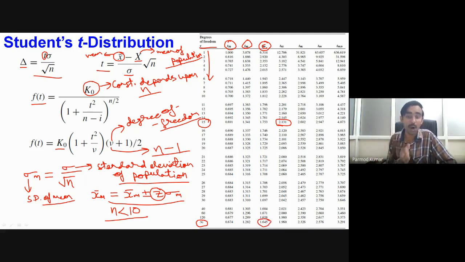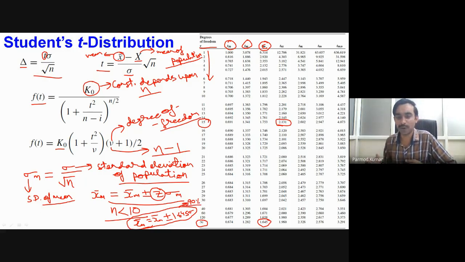Okay, so now if you recall our earlier lectures on the normal distribution, I told you that x m bar is equal to x m bar plus minus 1.645 times sigma, which represents our 90% confidence level. That is what we saw in our earlier lectures, particularly while we studied the normal distribution.